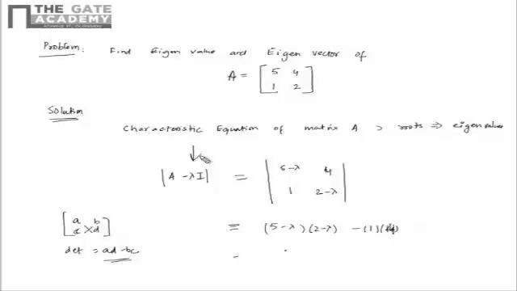So if you just simplify this, it comes out to be 10 minus 5 lambda minus 2 lambda plus lambda square minus 4. So this value comes out to be lambda square minus 7 lambda plus 6 is equal to 0. Okay, and that's what you have to set. You have to set the characteristic equation to 0.